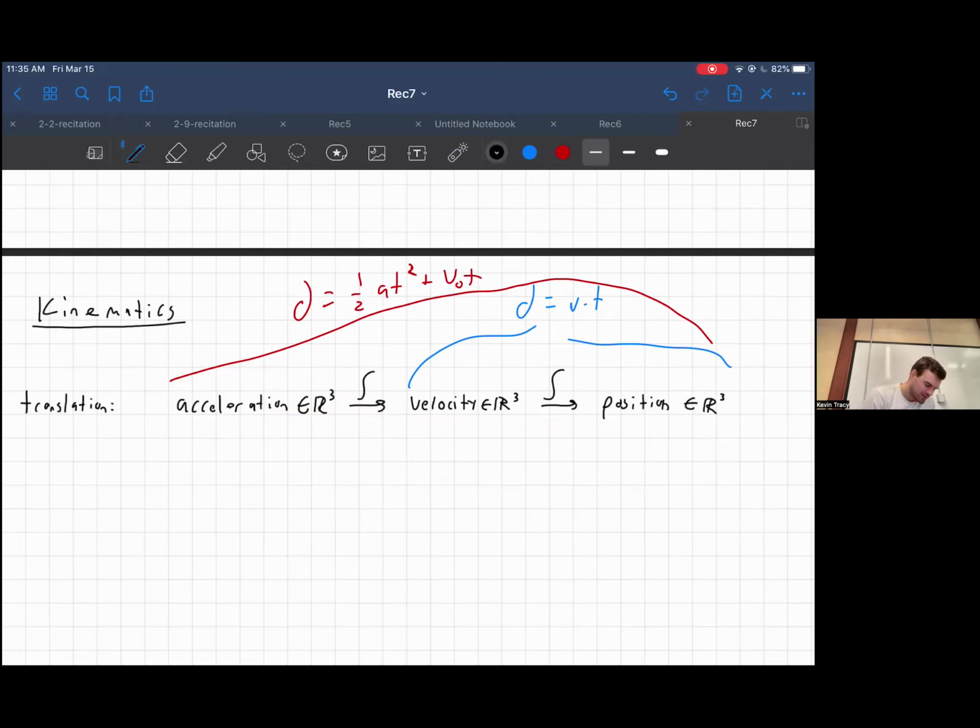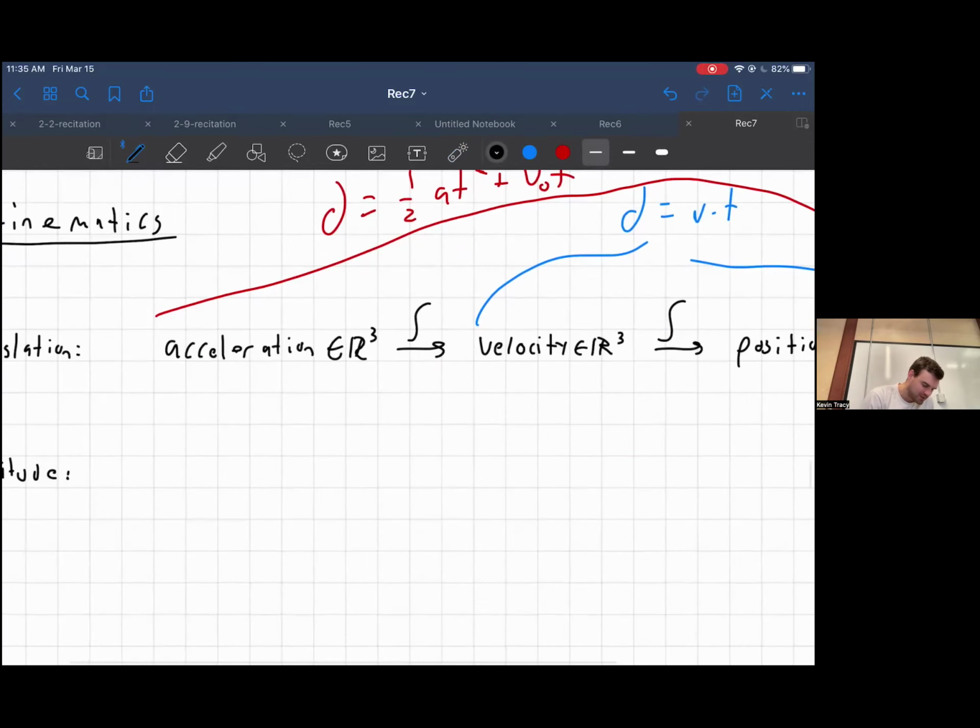If I have attitude, I start out with angular acceleration, alpha. And then if I integrate up my angular acceleration, I get my angular velocity, omega.